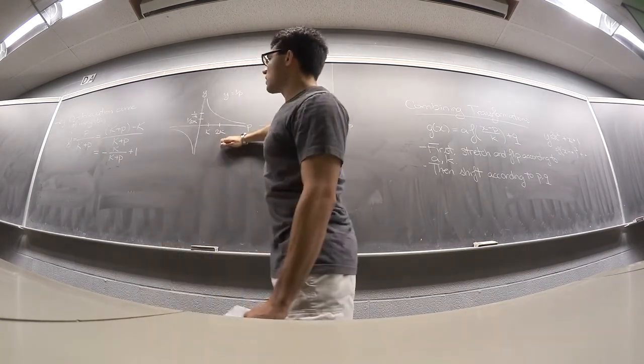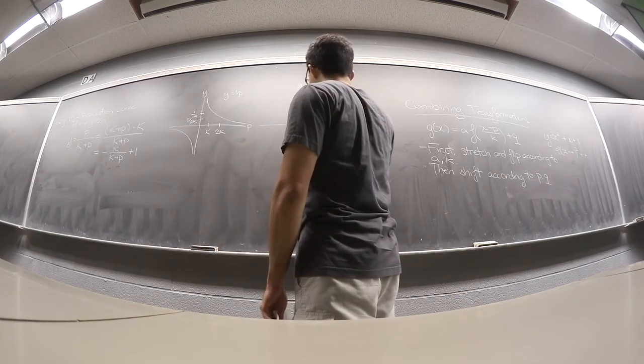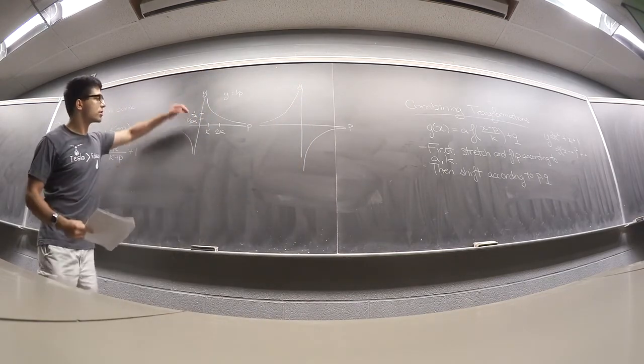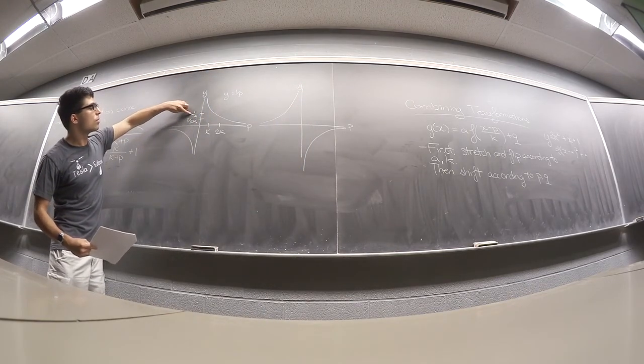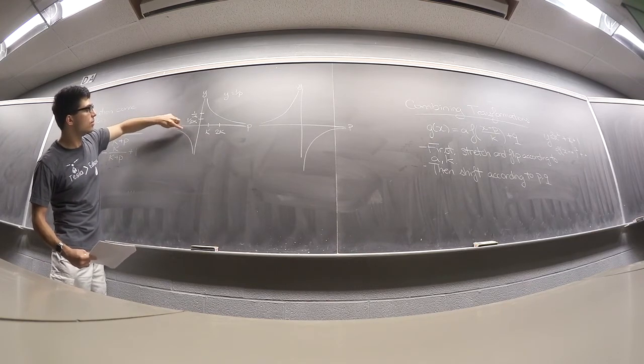I'm going to flip vertically, and I'm going to stretch vertically by a factor of k. So the flip gives me this. And the stretch by a factor of k brings this guy down to minus 1 and brings this guy down to minus 1/2.